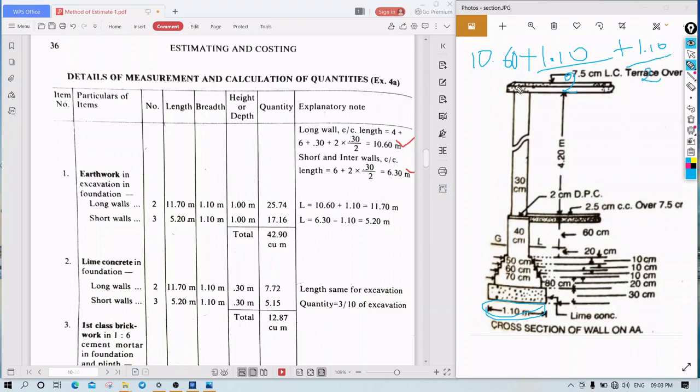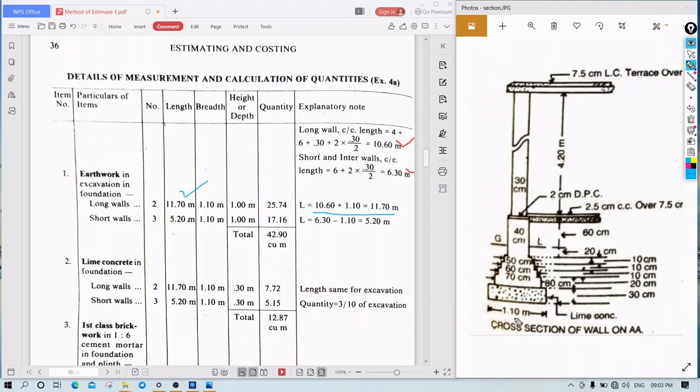Or simply we can take only one, 10.60 plus 1.10. I am writing with the mouse, so it is not so good. So 10.60 plus 1.10 is 11.70. This is the length of the long walls that we got from the plan. So what will be the breadth?